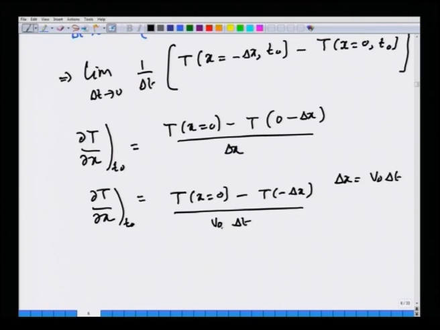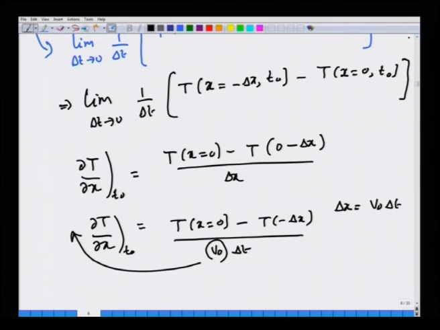So, I can pull this v 0 up here, and realize that what I have in this expression is T at x equal to minus delta x at t 0 minus T at 0.